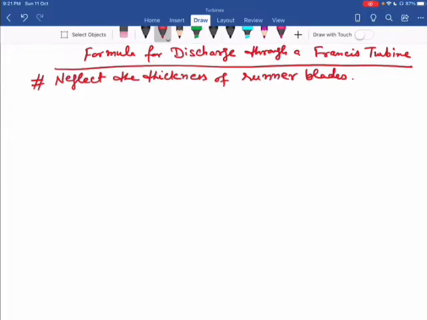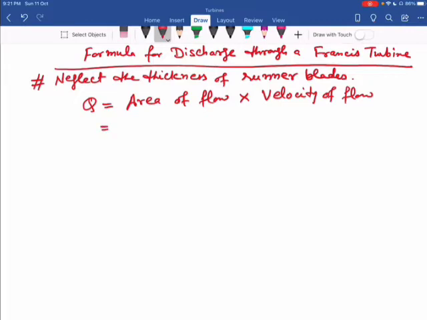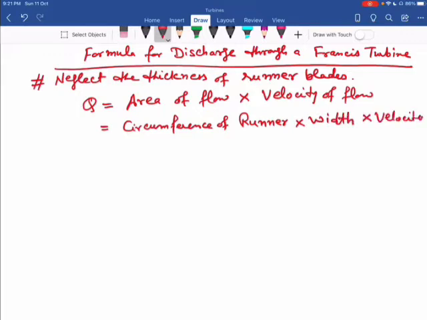Okay. So I write Q, that is the discharge. This is equal to the area of flow multiplied by the velocity of flow. So this is equal to, now the area of flow I can write the circumference of runner multiplied by width and multiplied by the velocity of flow.